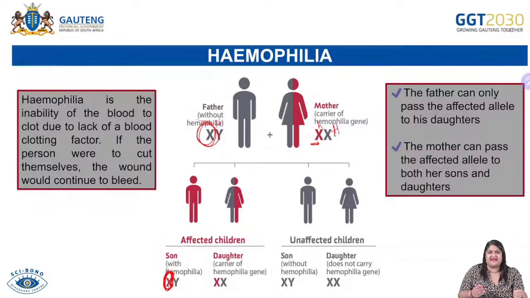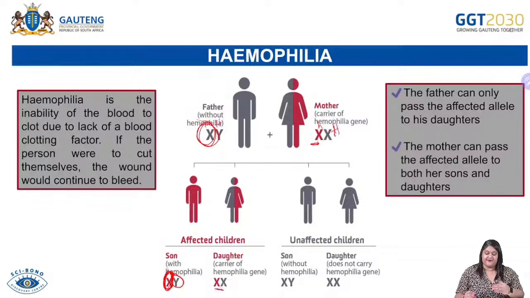Because a male has an X and a Y, so that X has to come from the female. But to make this individual a male, the other allele had to come from the father. That's how we get to the X and the Y. Why do we have an X and an X here for the female? Because the father gave an X and the mother gave an X.